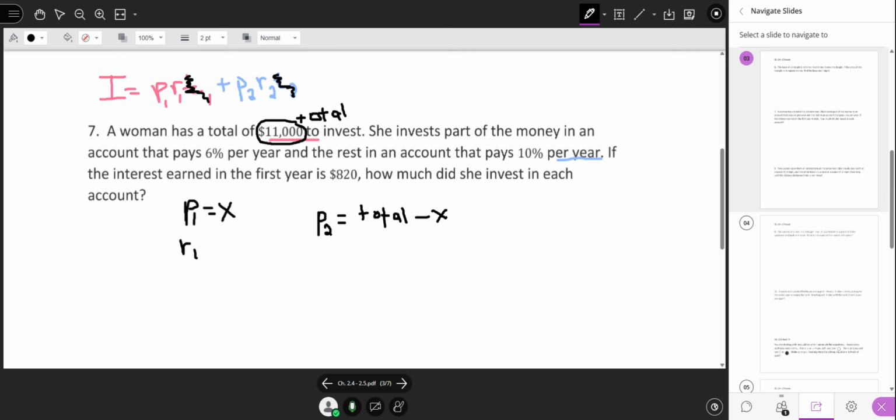Then R1, now your percent, your rate, has to be as a decimal.